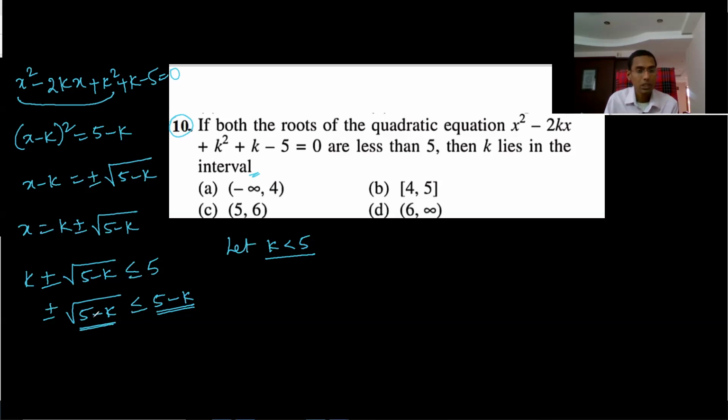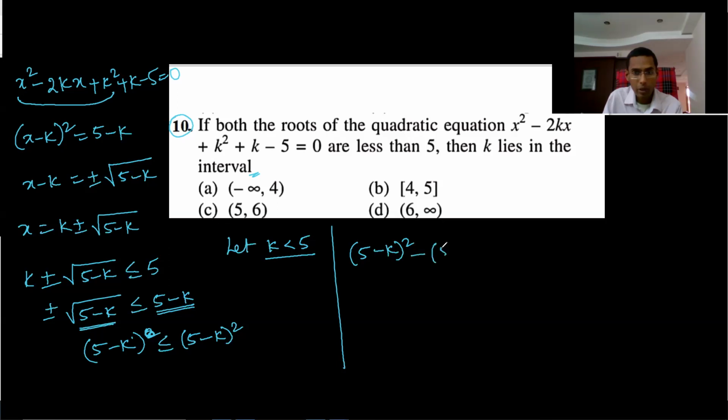So if you square on both sides, you get 5 minus k whole square less than or equal to 5 minus k. Now bring this side: 5 minus k whole square minus 5 minus k is greater than or equal to 0.